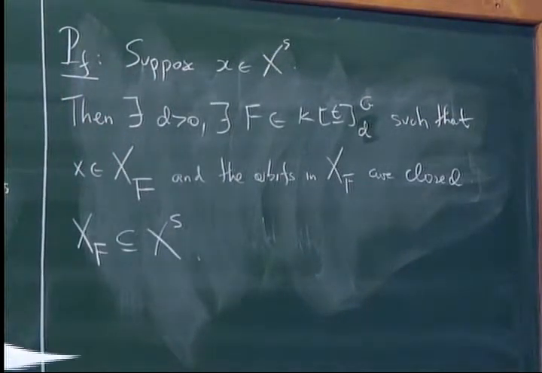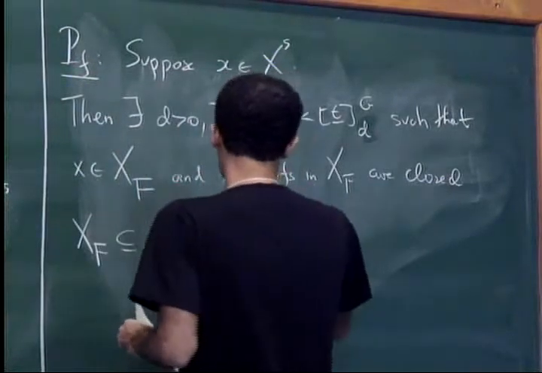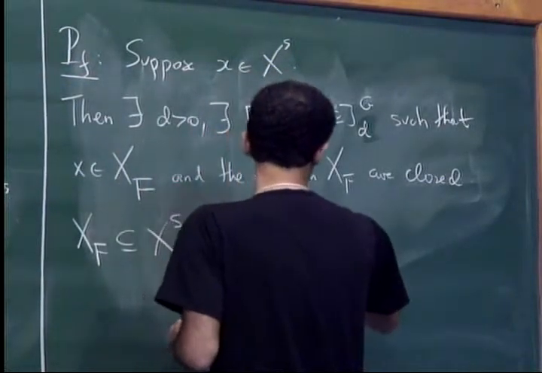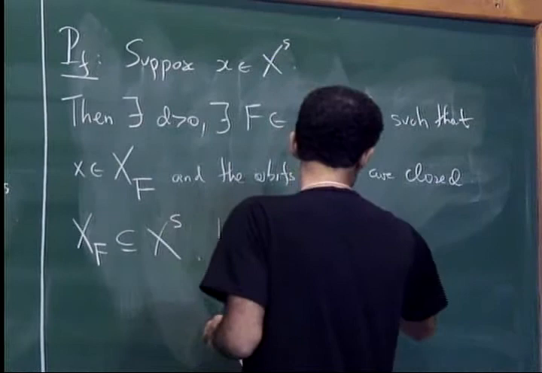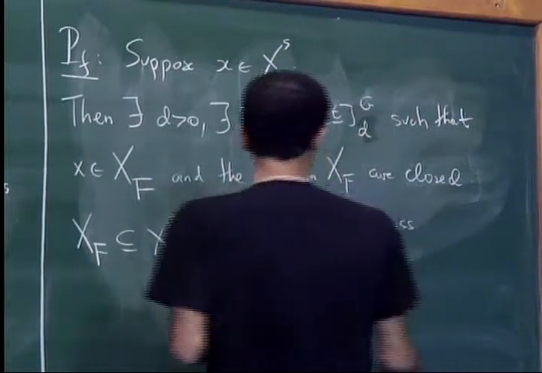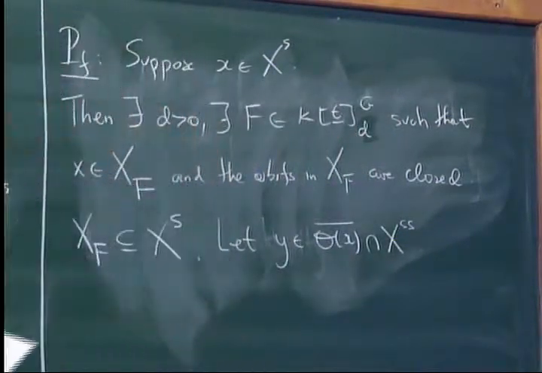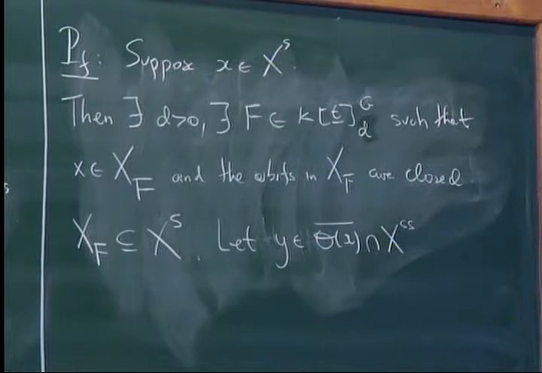Now, what I want to show is the following. I want to pick an element Y which is in the closure of the orbit O_X inside the semi-stable locus. And what I want to show is that this Y is in the stable locus.